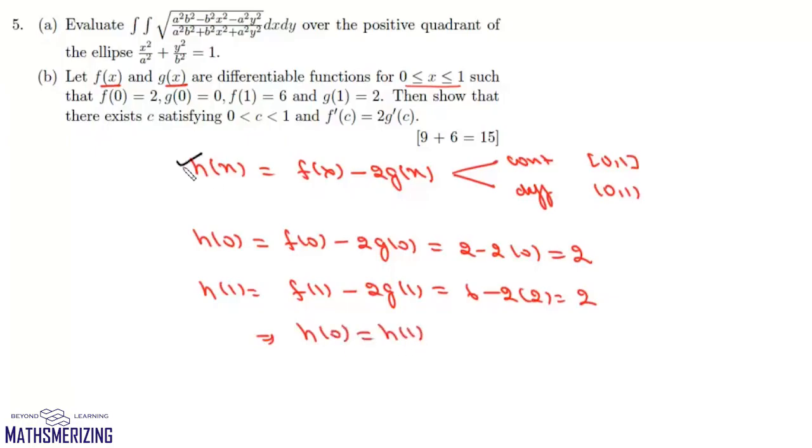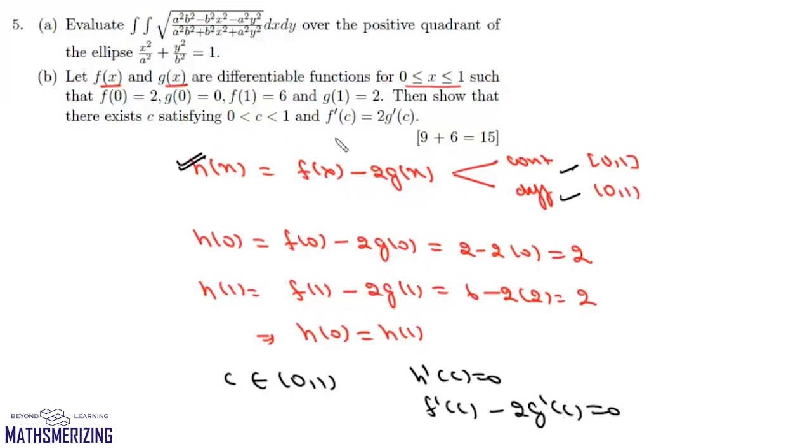So this function h(x) satisfies all the three conditions needed for Rolle's theorem. And now we can use the statement of Rolle's theorem, which is: if the function is continuous and differentiable and if h(a) equals h(b), then there exists a c in the open interval (a, b) such that h dash c is 0. Now h dash c will be f dash c minus 2 g dash c, which will be 0, and this is what we need to prove.